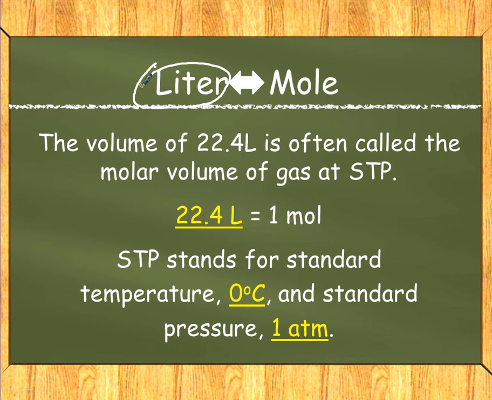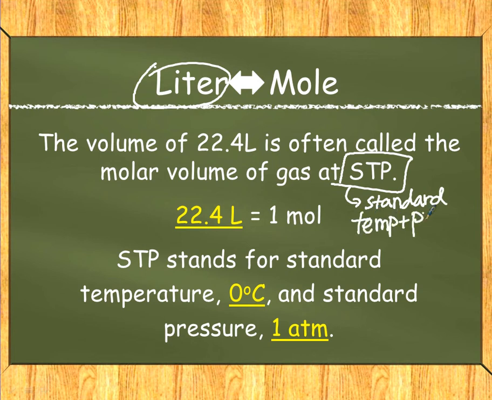When you are at what we call STP, in other words standard temperature and pressure, this is when you have 0 degrees Celsius and 1 atmospheric pressure. Don't worry about what atmospheric pressure means to you right now.